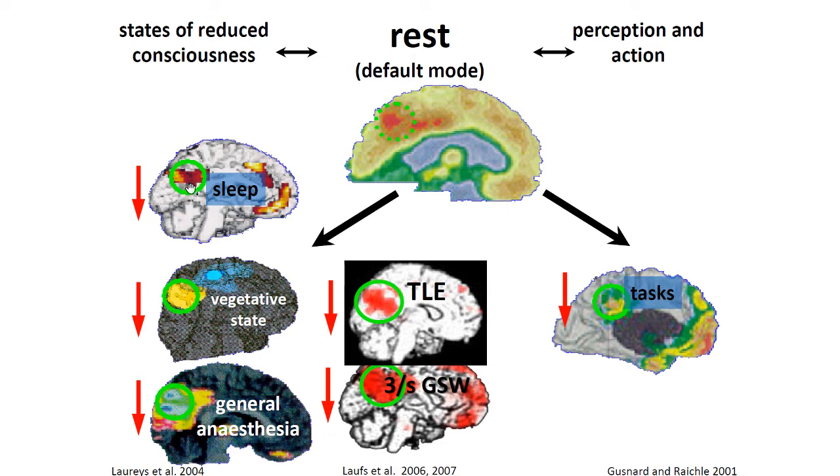So this has a strong overlap with the frontal parietal cortex. It has a frontal part and a parietal part and a part in the posterior cingulate cortex. And this network is also very important because it forms the basis of what's called the global workspace in other theories of consciousness, meaning that once a stimulus enters the brain, it starts to percolate, and when it reaches this network, it basically enters conscious awareness.